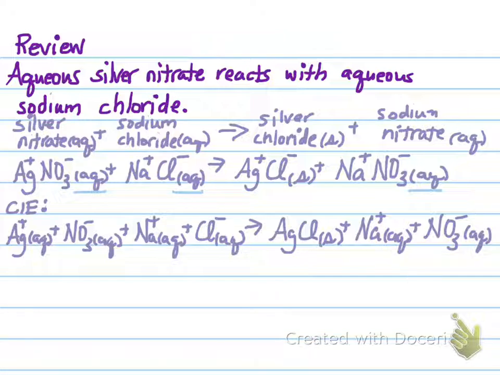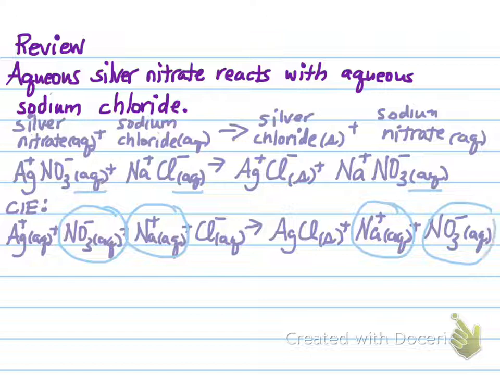We know who the spectator ions are because they appear in exactly the same way. So they have the same symbol, the same charge, the same state of matter on both sides of the arrow. And again, remember that was sodium ion and that was nitrate ion. So we had identified those the other day at the end of our notes as our spectator ions.